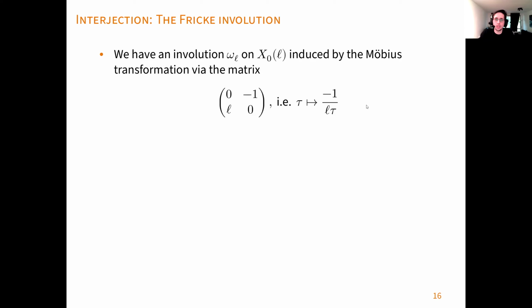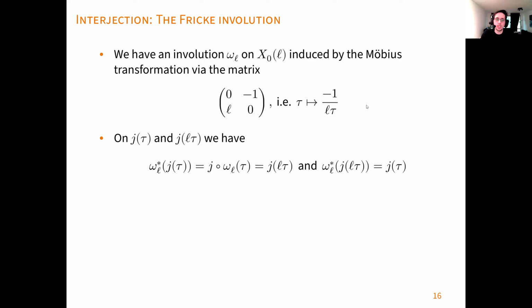So we have this involution on X_0(l), but how does this actually relate to j-invariants or to isogenies? For this, we can simply look at these j-invariants j tau and j l tau. Acting by this omega_l, this Fricke involution, which by the way is also called an Atkin-Lehner involution, so sometimes I may say this instead, but I mean the same involution here. If we act by this on j tau, then one can check via properties of the j-invariant that one just obtains j l tau.